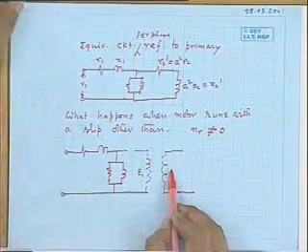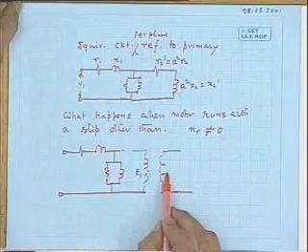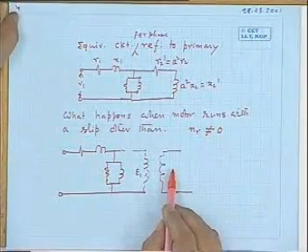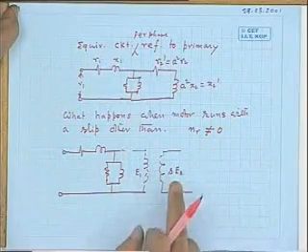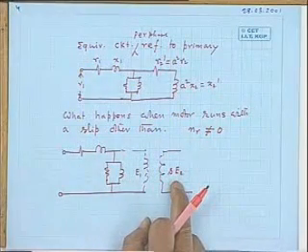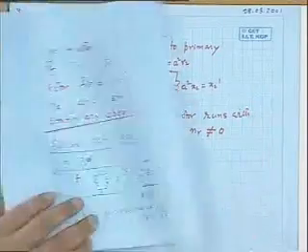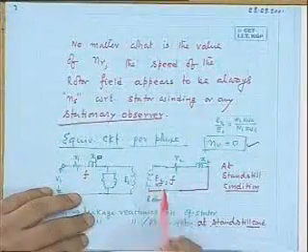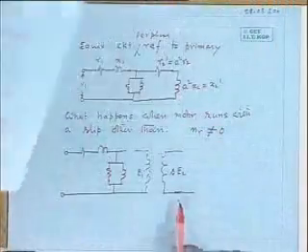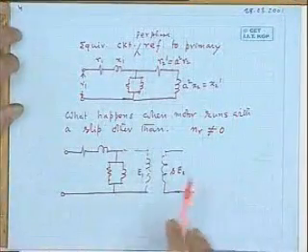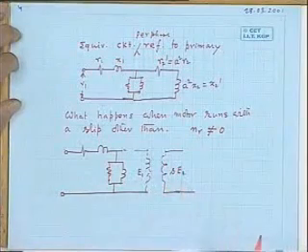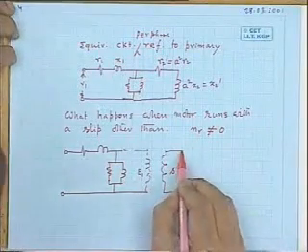What should I write here? You tell. What is the voltage here? If this is E1, what? S into E2, because E2 is the voltage during standstill condition. Therefore, when the machine runs with a slip, we have seen the induced voltage per phase in the rotor, the magnitude of that voltage will be SE2.